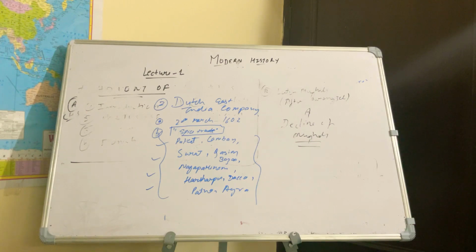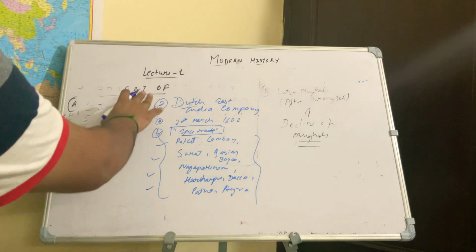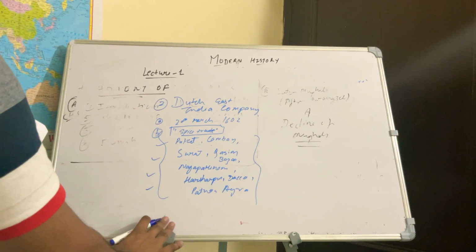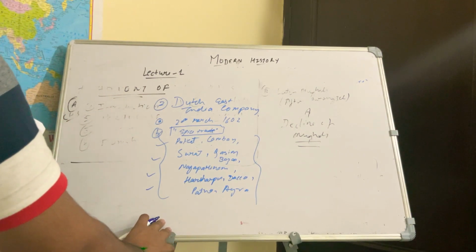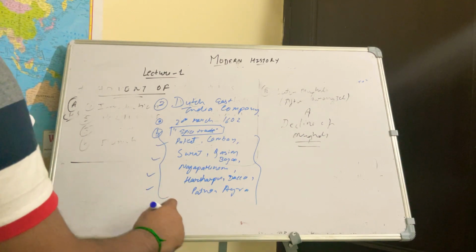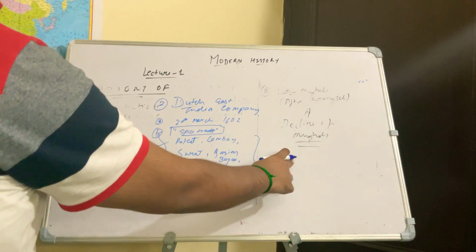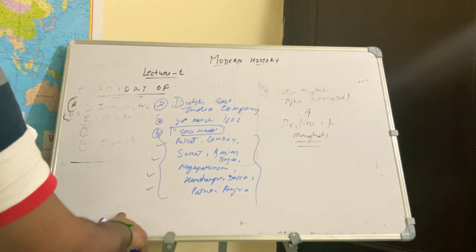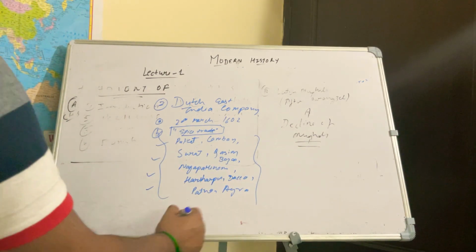Their primary focus was always Indonesia since the beginning. Hence, they were not very specific to the administration or setup of trade businesses in India. So after some time, when they were facing stiff competition from French and British, they left India and primarily focused on Indonesia.